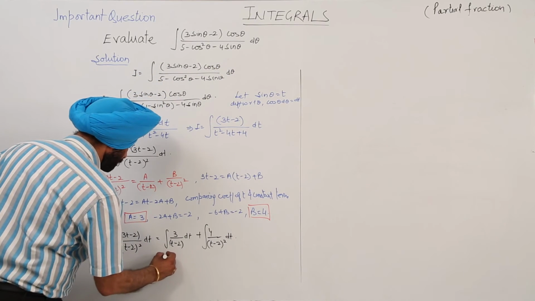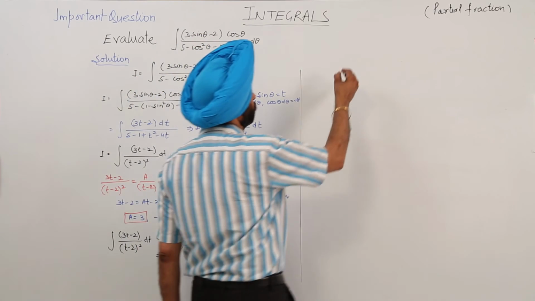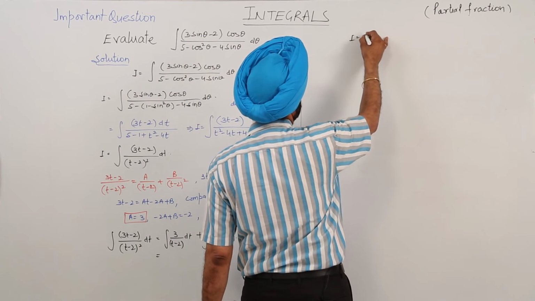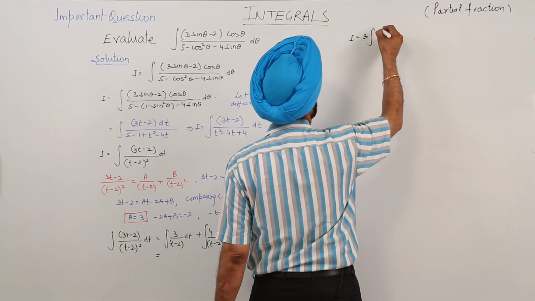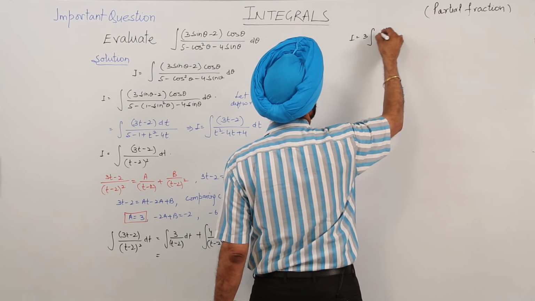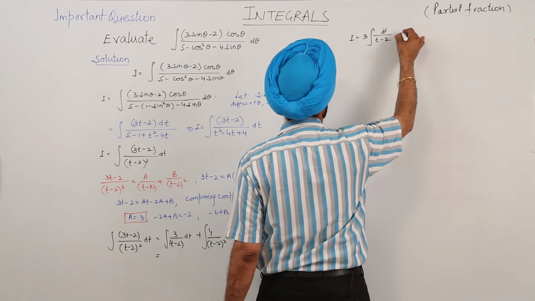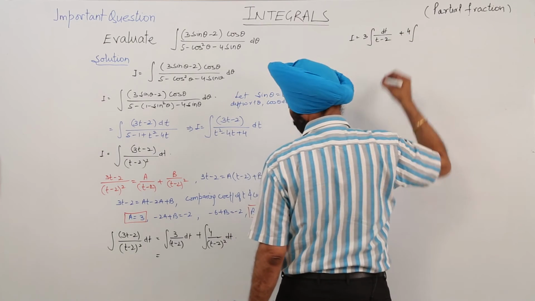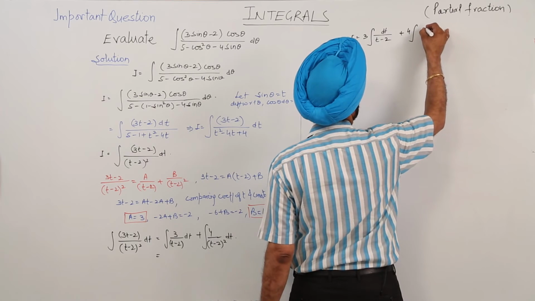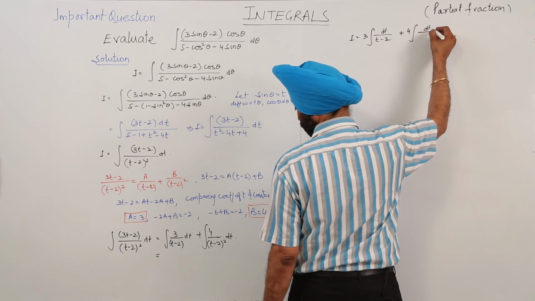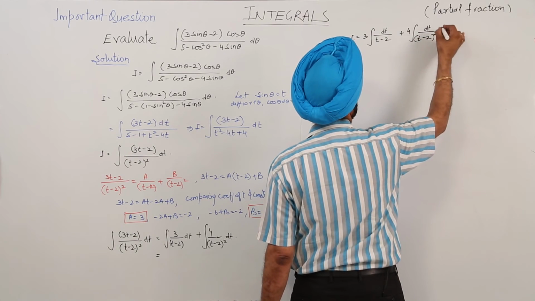Or to this you can write it now: the integration of 3 with dt upon t minus 2 plus 4 times the integration of dt upon t minus 2 whole square.